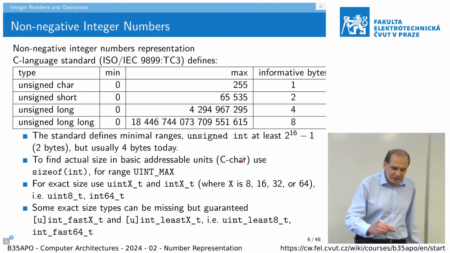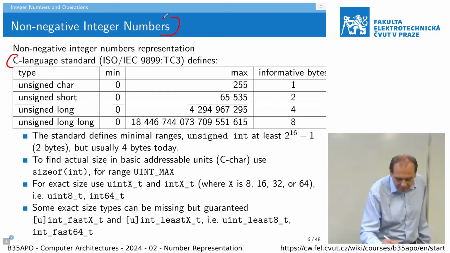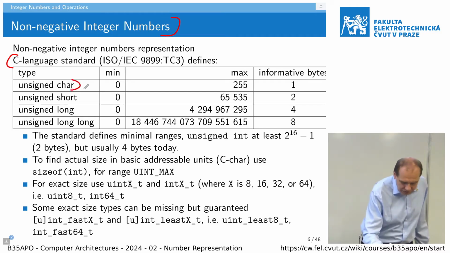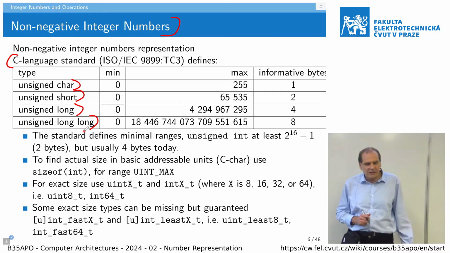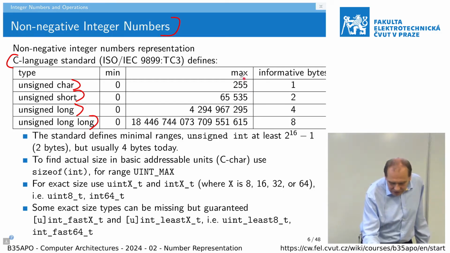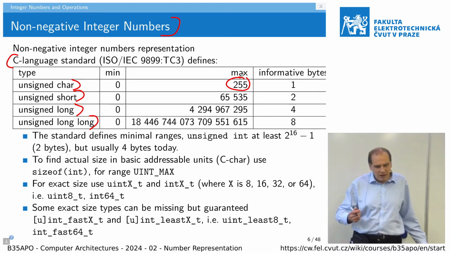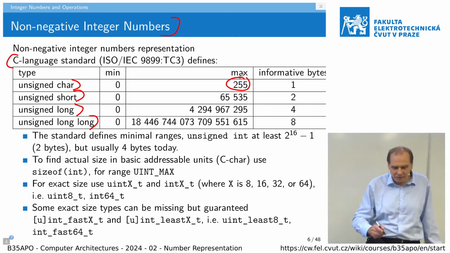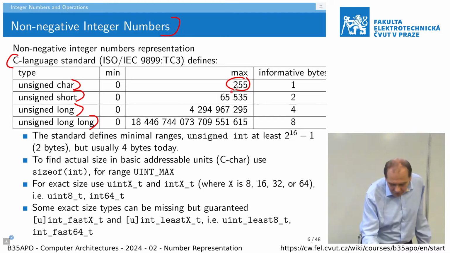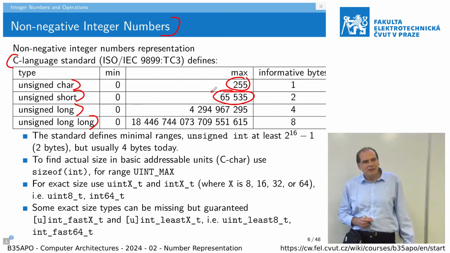Now we look at the C language standard, and for non-negative integer numbers we use unsigned char, unsigned short, unsigned long, and unsigned long long. Those are guaranteed by the standard, and you can see that the maximum value guaranteed is 255 for char, but for integer you usually expect a bigger value.